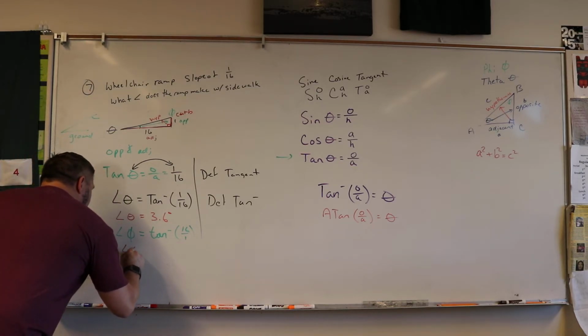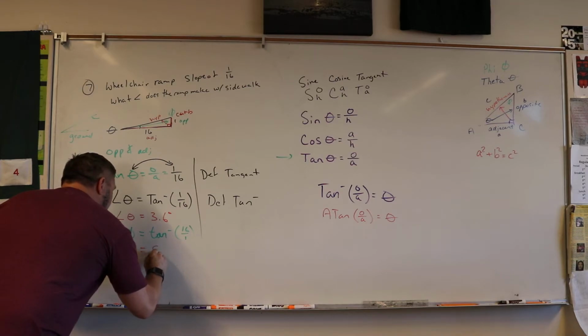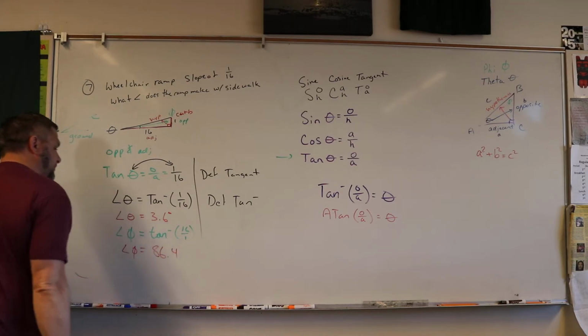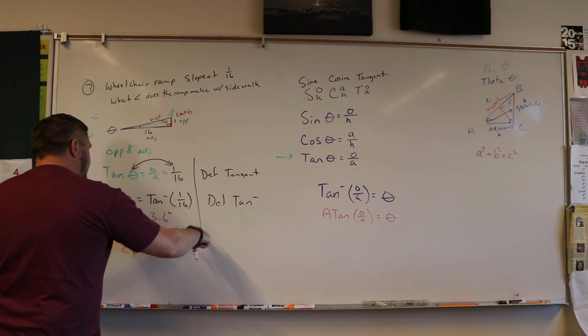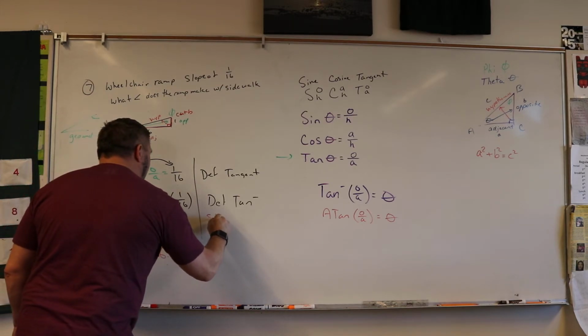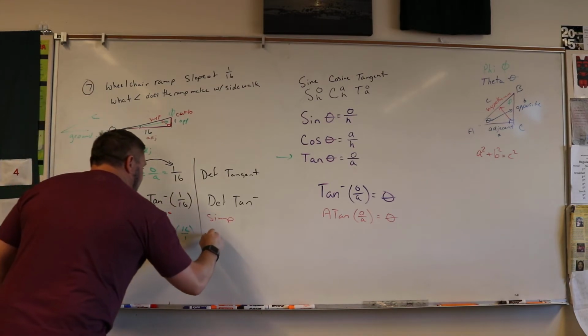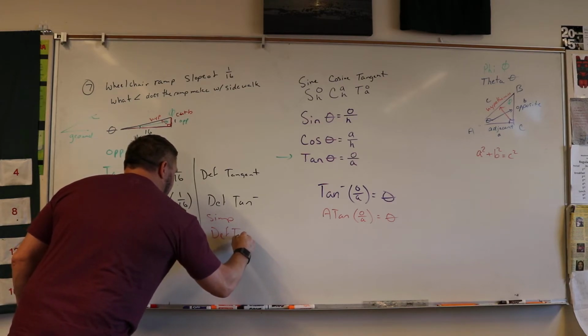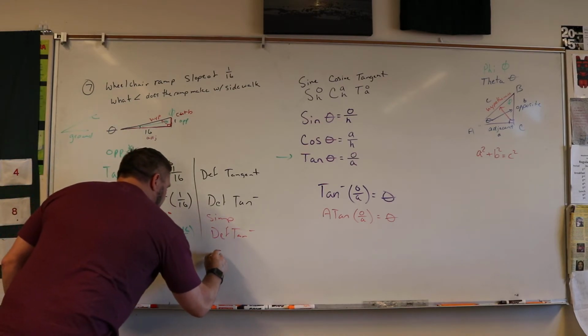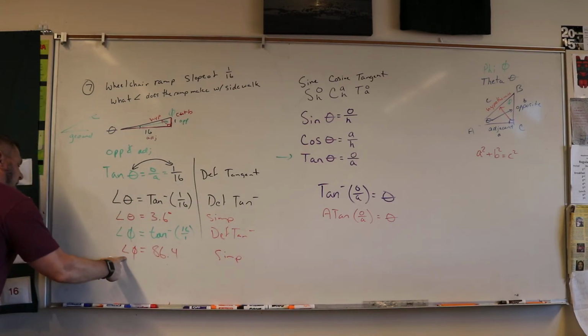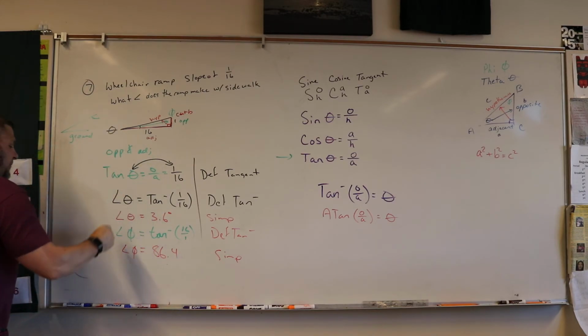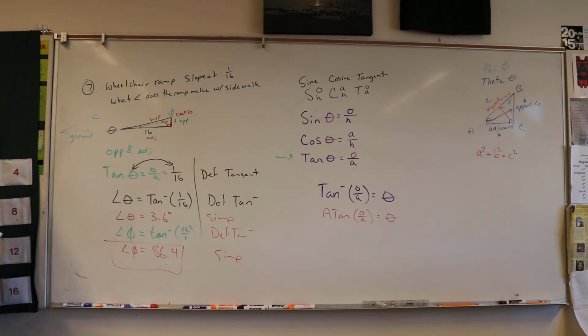So phi is equal to 86.4. Now again, this one is the definition of tangent inverse, and this one is simplified. And phi is going to be the one we're looking for. So that's the one we want.